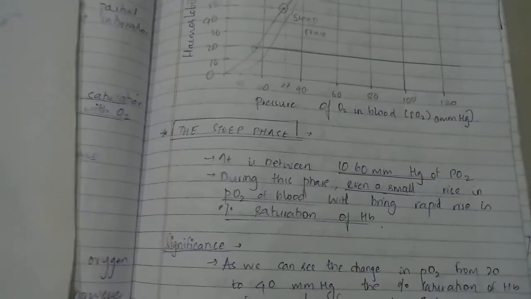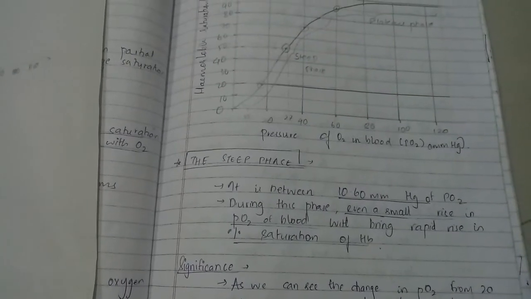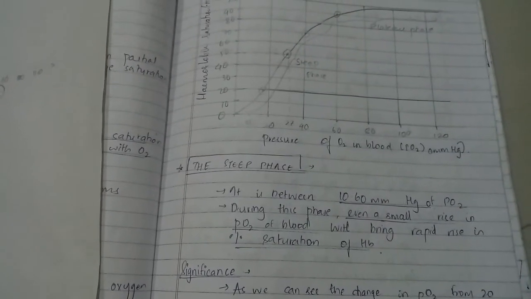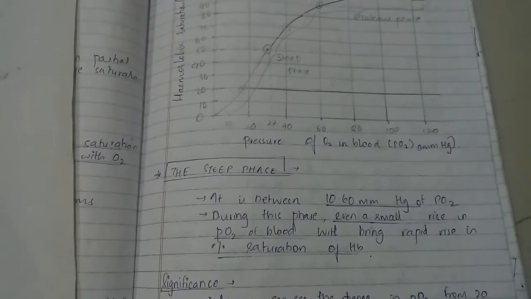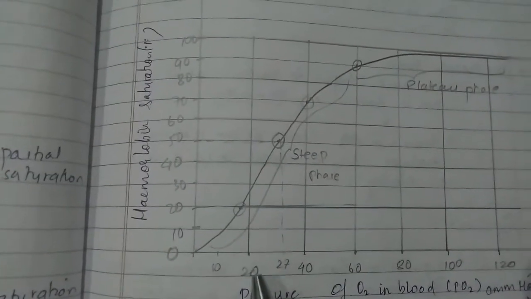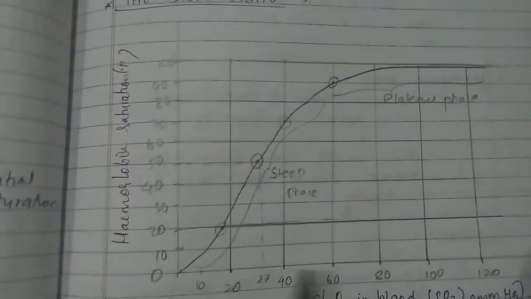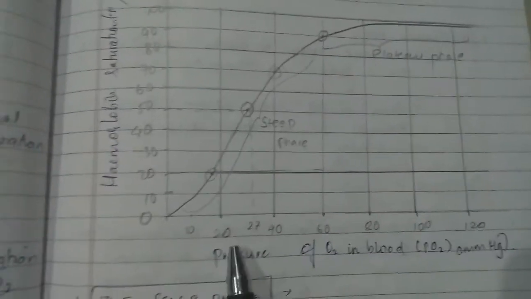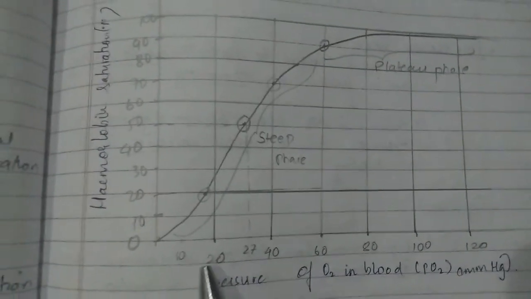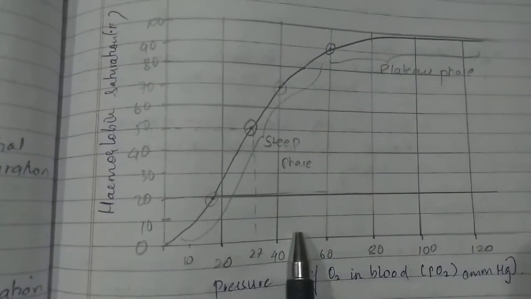Now during this phase, even a small rise in PO2 of blood will bring a rapid rise in percentage saturation of HB, right? We can take an example, 20 to 40. I have increased the pressure of O2 in blood from 20 to 40.